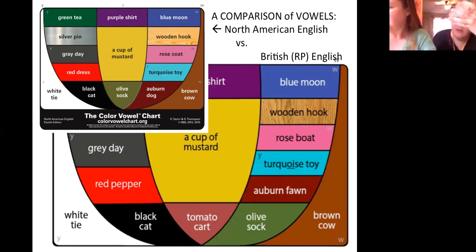So if I can try to translate here, I think this chart should work for a teacher of any dialect of English, but if their students hear other dialects, you can say, oh yes. For example, right now I'm co-teaching with a speaker from Mississippi.